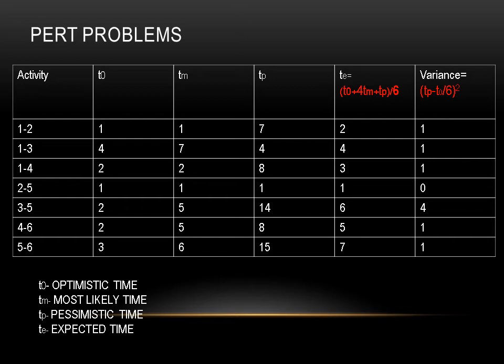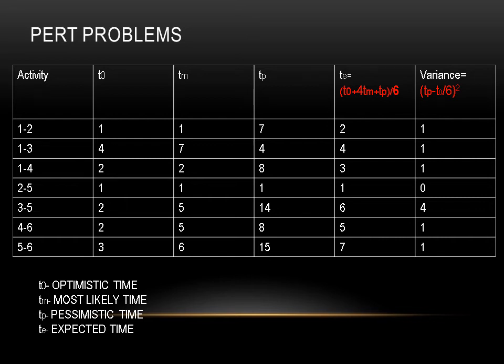Everything has gone wrong, and it is the maximum possible time taken when everything has gone wrong, and we have completed the project. So we can take an expected time, TE, from these three times. The PERT part is probabilistic. We can combine these three to take an expected time.